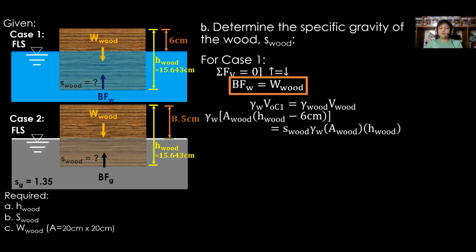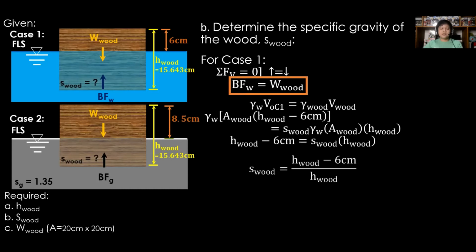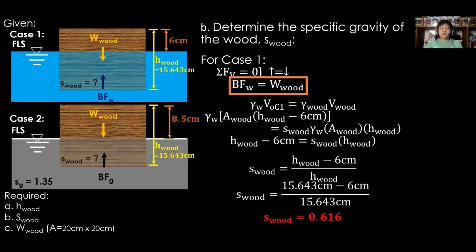Update equations for unit weight and volume, cancel gamma of water and A of wood, cross multiply the value of H wood and substitute H wood as 15.643 centimeters. Therefore, the specific gravity of wood is 0.616, lighter than the two fluids since specific gravity of water is 1 and specific gravity of glycerin is 1.35. That's why the sample wood floats.